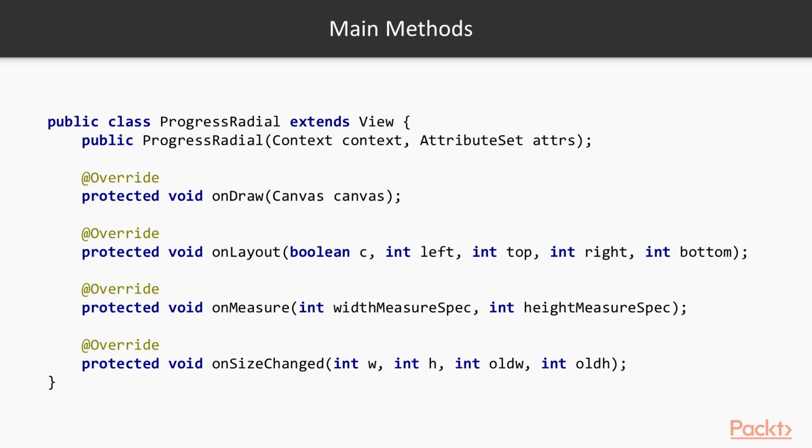Also, if you intend for your element to be resized, you'll need to implement the onSizeChanged method, where you'll notify your element that it needs to be redrawn or some parameters need to be recalculated.